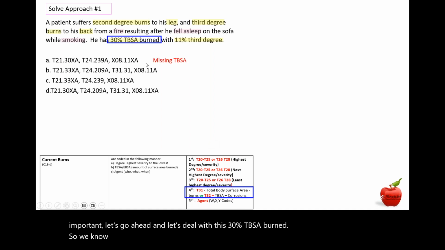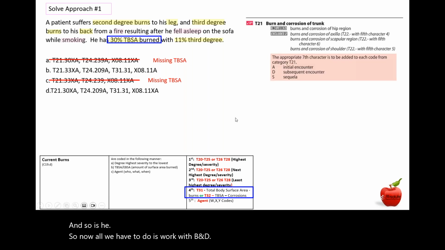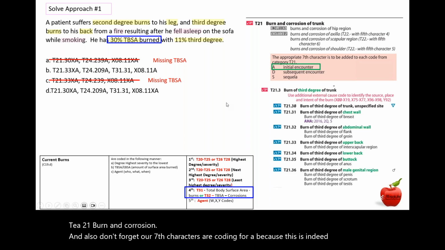We know A is missing the TBSA, and so is C. So now all we have to do is work with B and D. Let's go to our category T21, burn and corrosion. And don't forget, our 7th characters are coding for A because this is indeed the initial encounter.